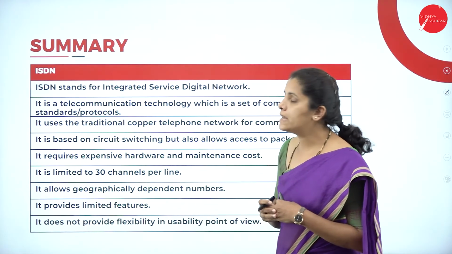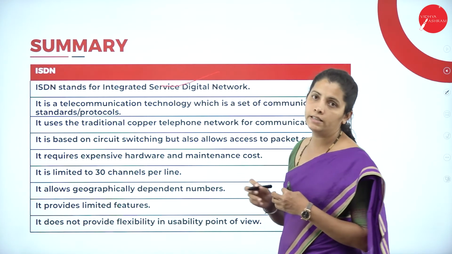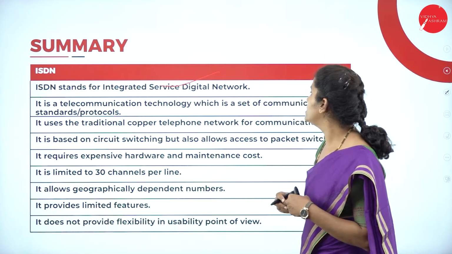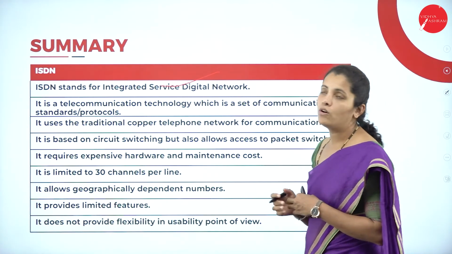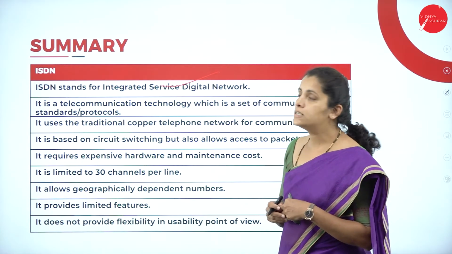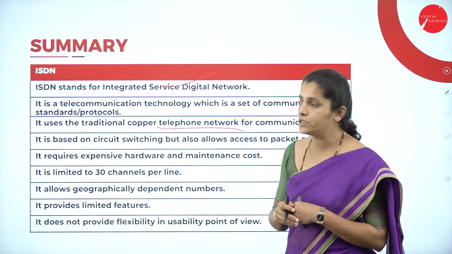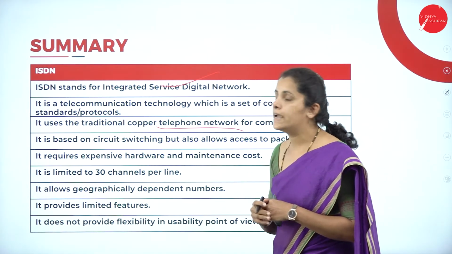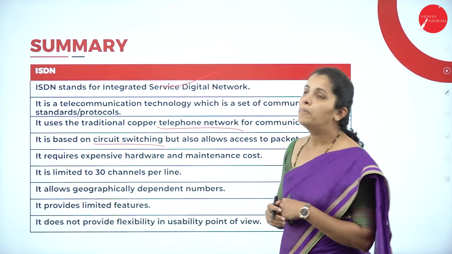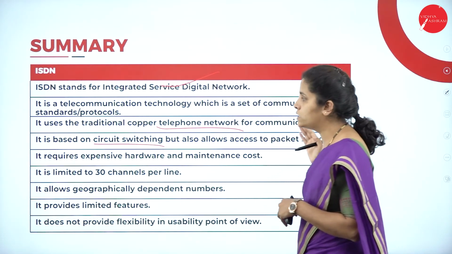Moving further, let's see the summary of ISDN. So here ISDN stands for Integrated Services Digital Network, where it is a communication technology and it is a set of communication standards or protocols. It uses the traditional copper telephone network for communication. So here ISDN is mainly based on circuit switching, but it also allows the user to access packet switching.